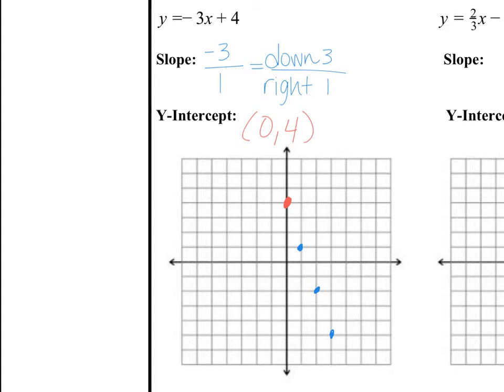You will go up. So go back to your y-intercept, the one in red, and go up 3, left 1. This is a line. Make it a line. You have to connect the points. This is continuous. This is an equation.